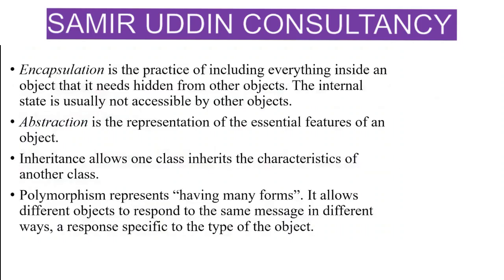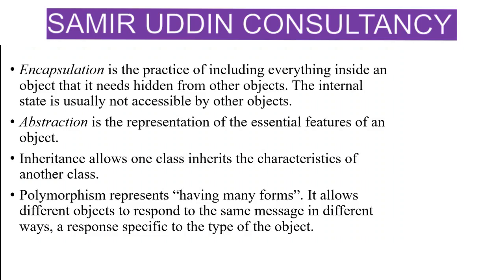Now, what are the features of object-oriented programming? Commonly, object-oriented programming is also referred to as OOP. The features are encapsulation. Encapsulation is the practice of including everything inside an object that it needs, hidden from the other objects. The internal state is usually not accessible by other objects.